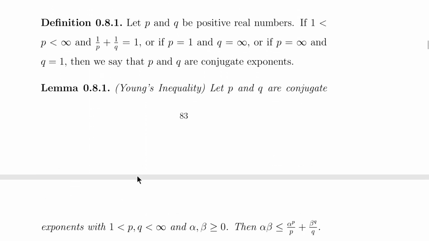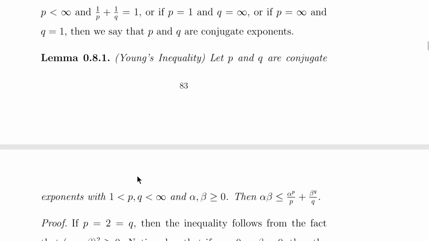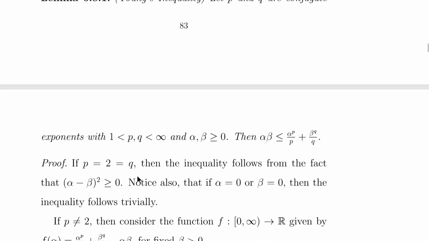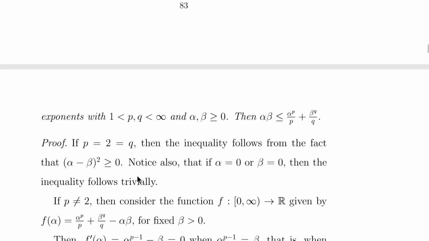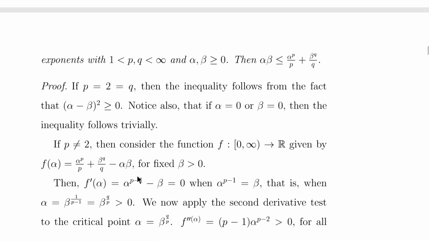The first lemma is defined by Young's inequality. Let p and q be conjugate exponents with 1 less than p, q less than infinity, and alpha, beta greater than or equal to 0. Then alpha times beta is less than or equal to alpha raised to power p over p plus beta raised to power q over q.